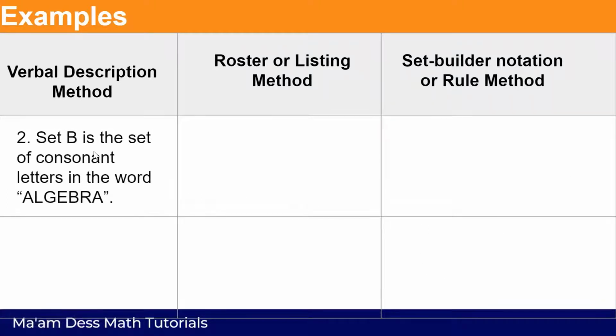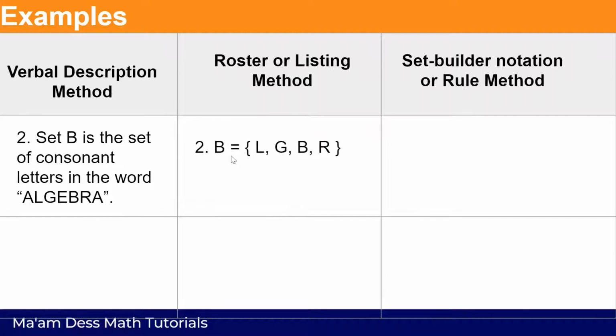Number 2, set B is the set of consonant letters in the word algebra. So, alam naman po natin ang consonant. So, again, set B describes the set of consonant letters in the word algebra. Now, let us have the roster method.